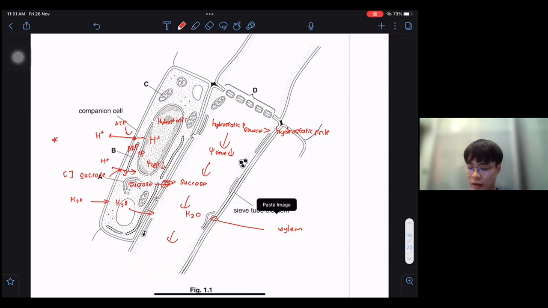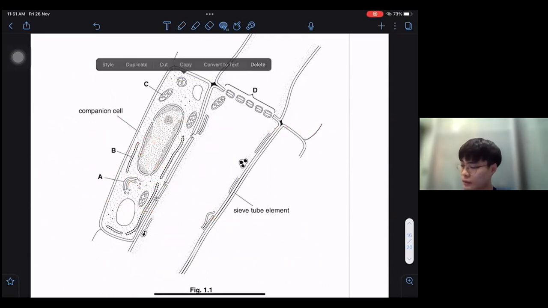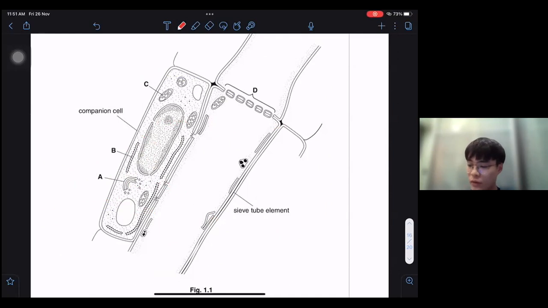And after that is unloading. Imagine now we are at the sink. Since unloading of sucrose requires energy, this unloading will require ATP.